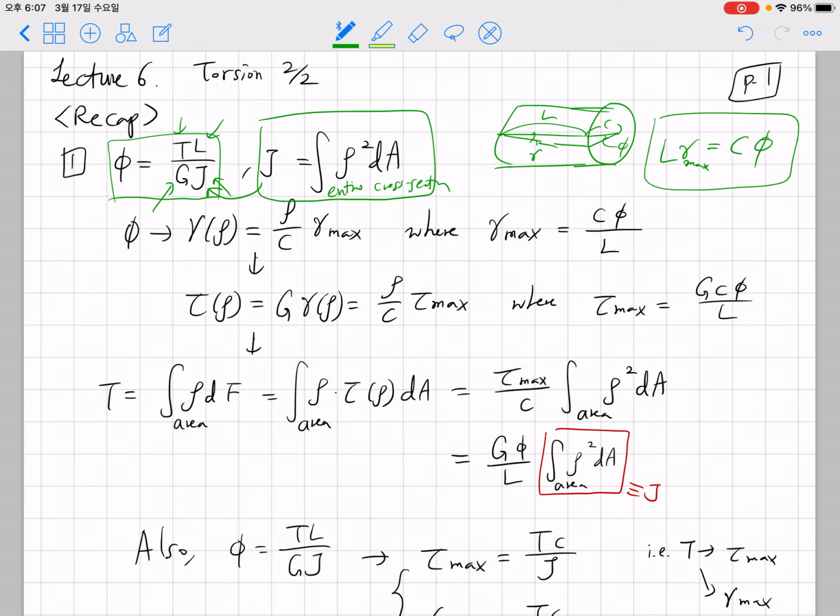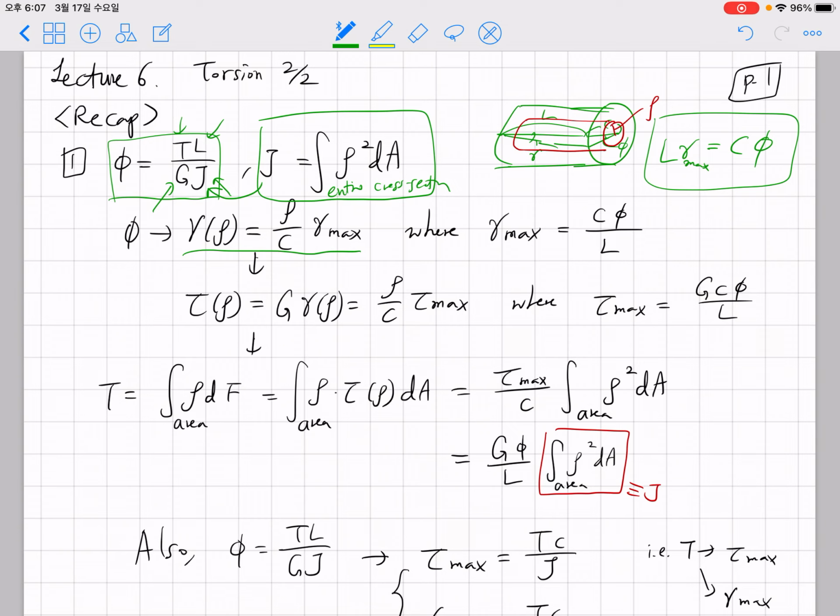Starting from here, we then constructed a smaller radius inside this pillar. This is an imaginary cylindrical surface. Then we can also derive a similar relationship.